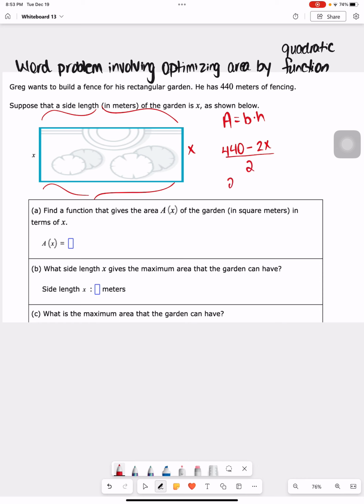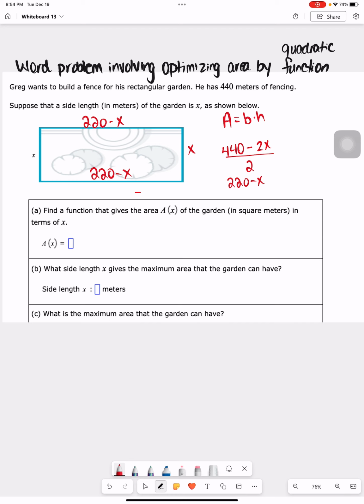So what we have is that 220 minus x represents now the length of the base, 220 minus x, and the height is x. So let's go back to part A. It's asking me to find the area function that represents this rectangle.